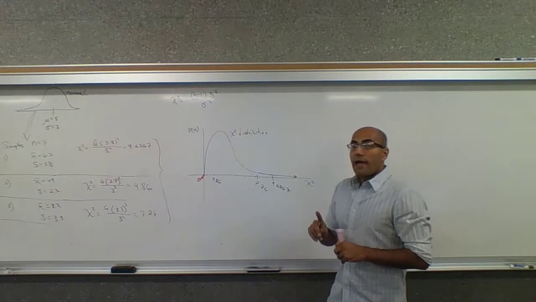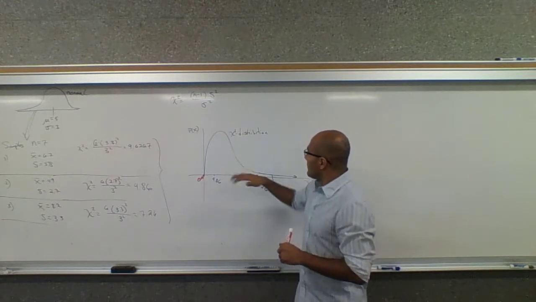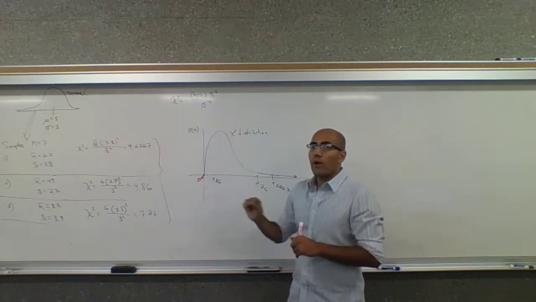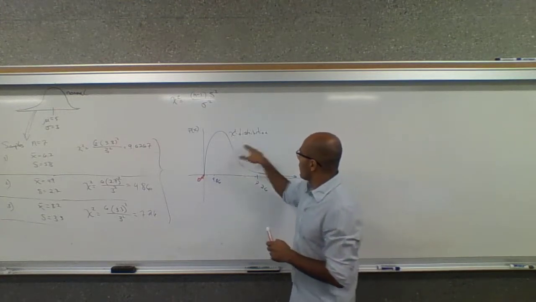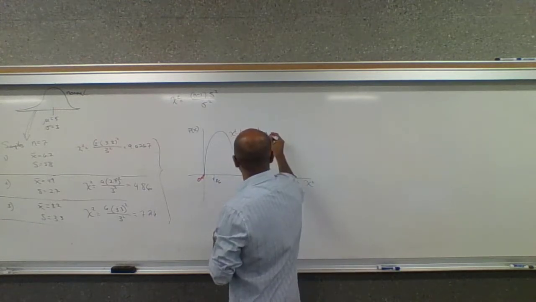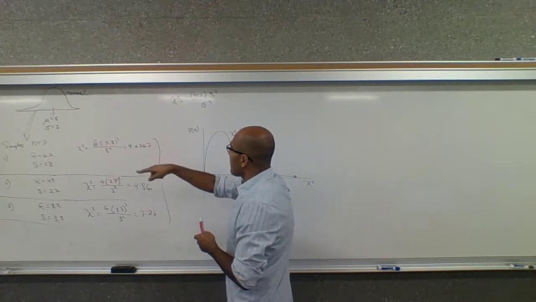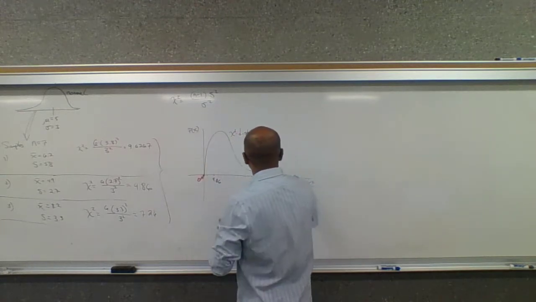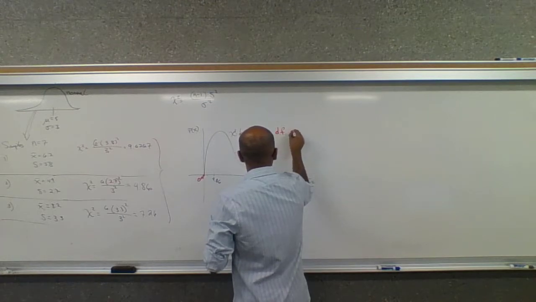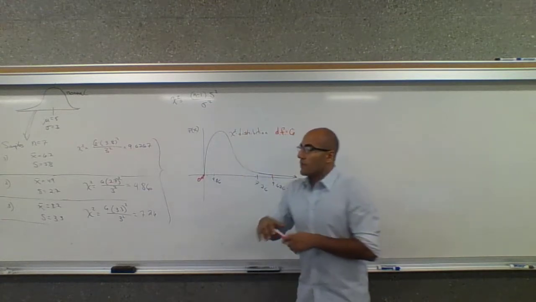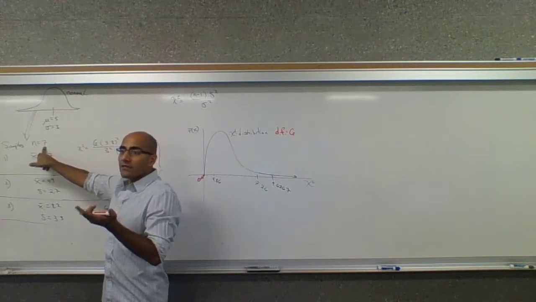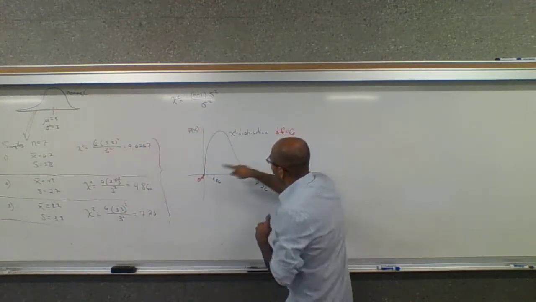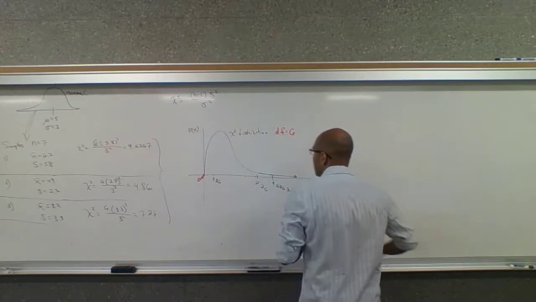Good. And just like the t-distribution, the actual shape of chi-squared changes just a little bit based on n. So this, for example, is with n equal to 7, so the degrees of freedom equals 6. On the other hand, if I had done this whole thing with n equal to 8, the degrees of freedom would be 7, and the shape would be just a little bit different.